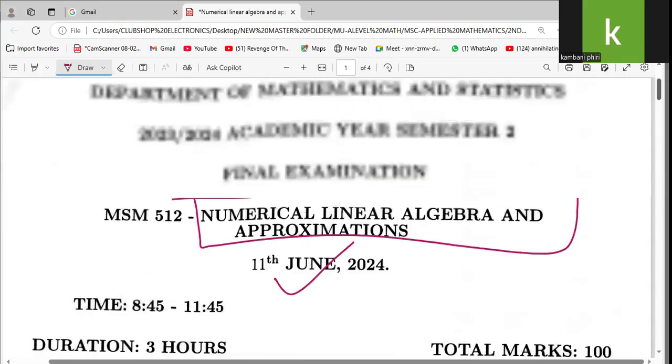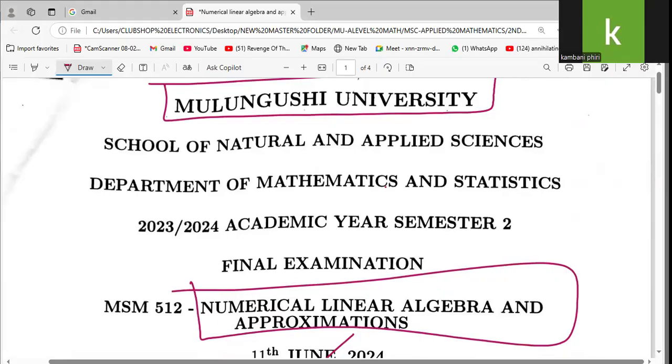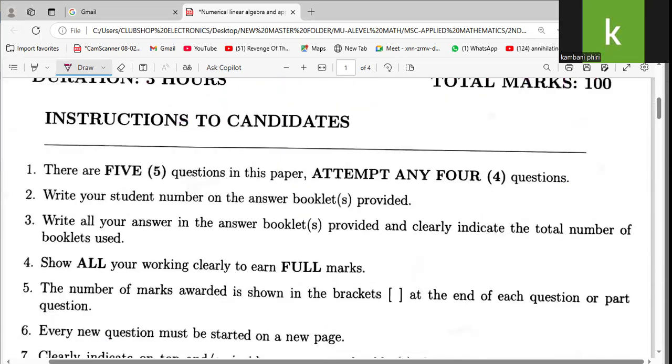We are interested in approximation, finding the percentage error, maximum percentage error. That is our interest. So let's look at the question.